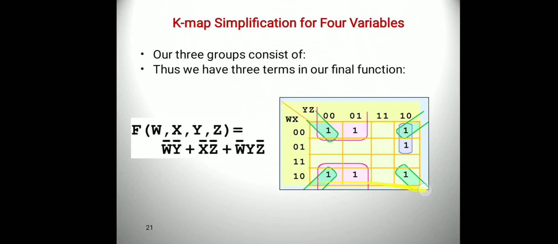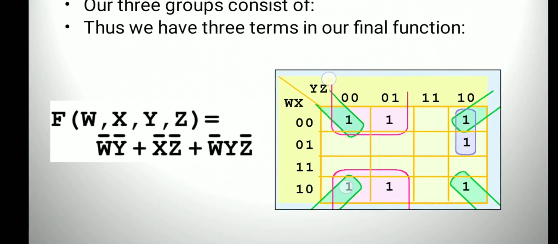In the first row and last row x is 0, therefore its value is x complement. So for this corner group, the term is x complement z complement.